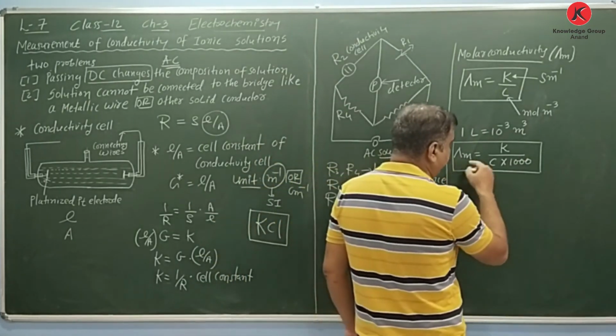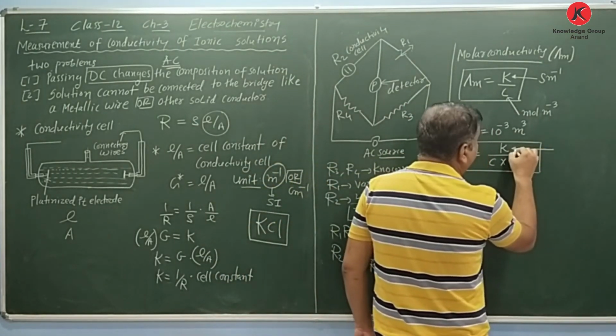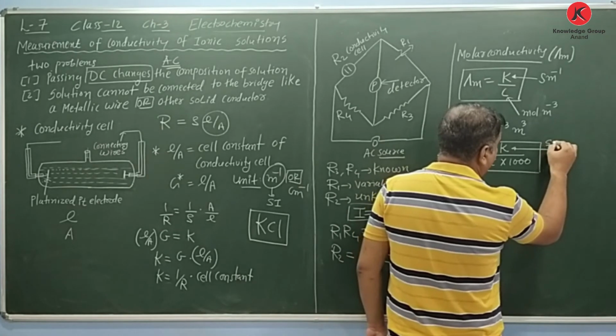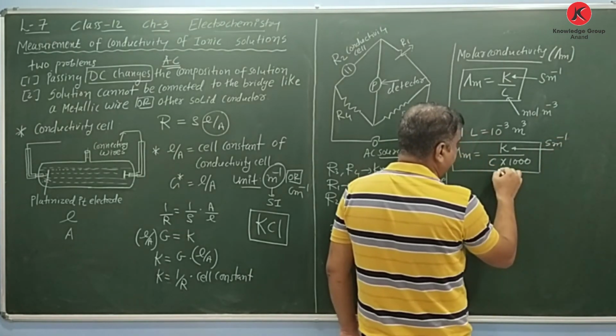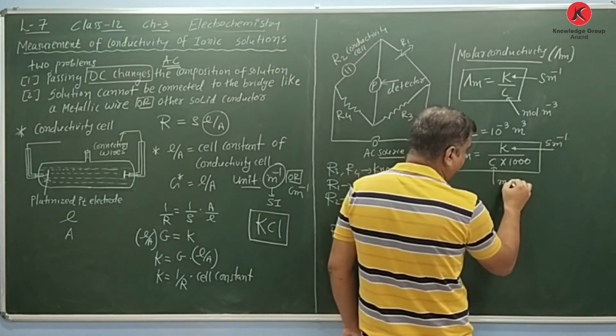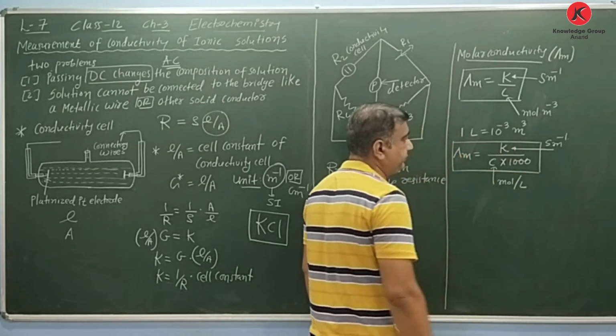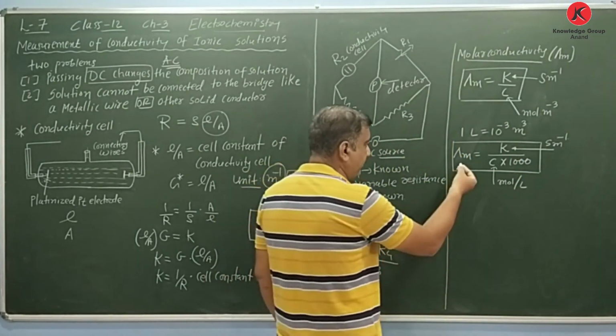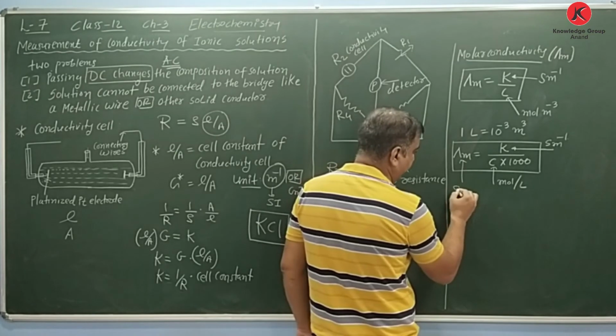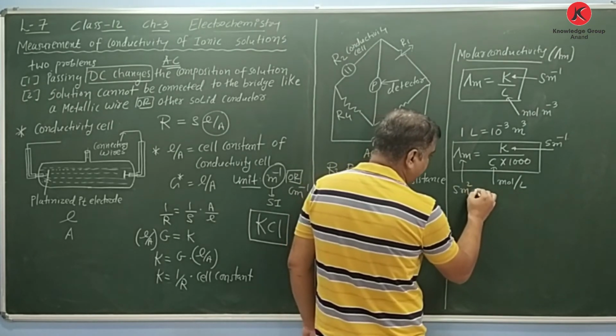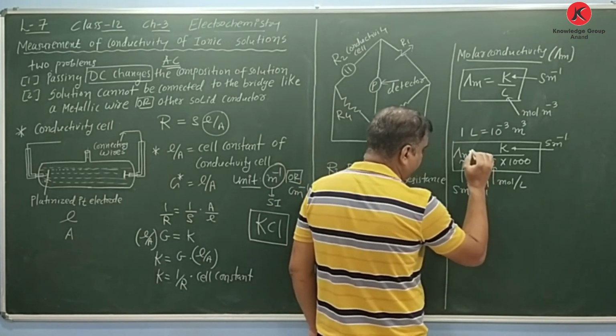This is molar conductivity. In this, the unit of K is Siemens meter inverse, C is in mole per liter, and molar conductivity will be obtained in Siemens meter square mole inverse.